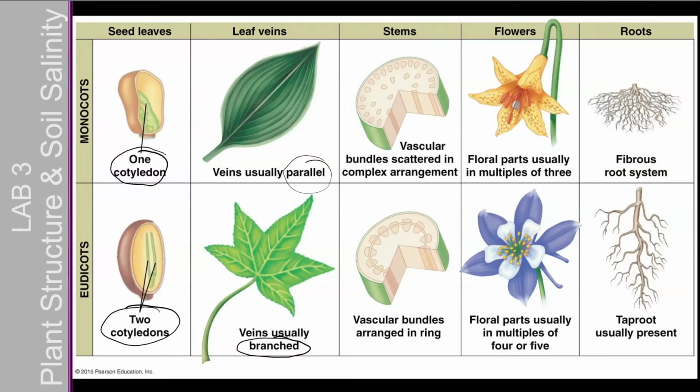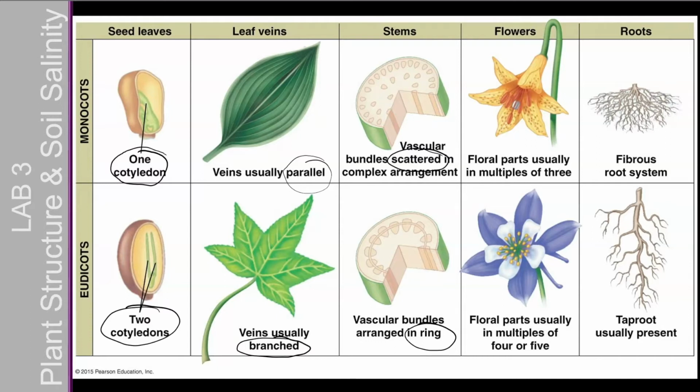In a monocot, the vascular bundles are scattered in complex arrangements. In eudicots, the vascular bundles are arranged in a ring. That is in the stem. Keep in mind there's going to be a difference between what you see in the stem and what you see in the root. We'll get to that in a minute.